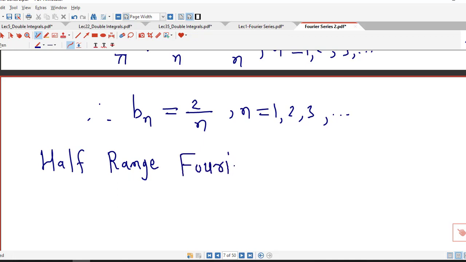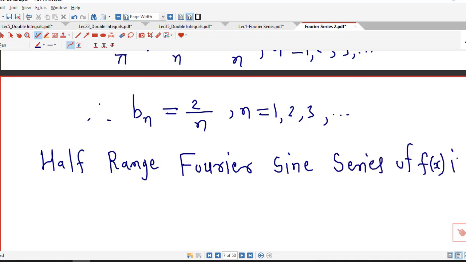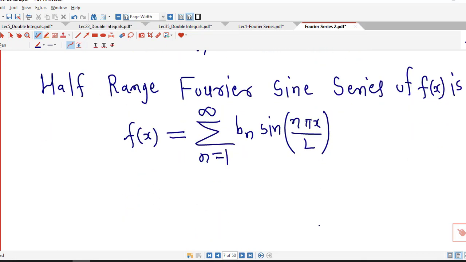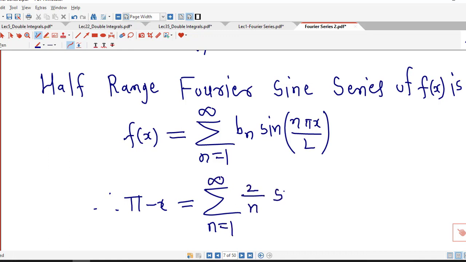Half range Fourier sine series of given function f(x) is given by f(x) equal to sigma n equal to 1 to infinity Bn sin n pi x divided by L. Now here L is pi and our function is pi minus x, so we put L equal to pi, value of Bn is 2 by n, and here we have sin nx.